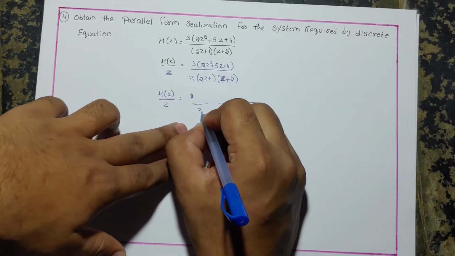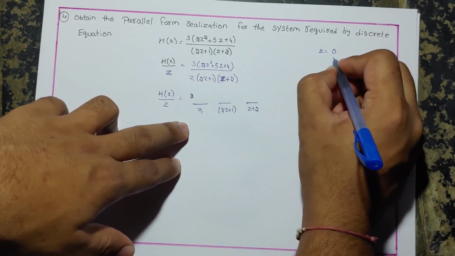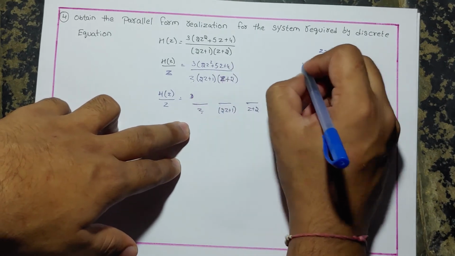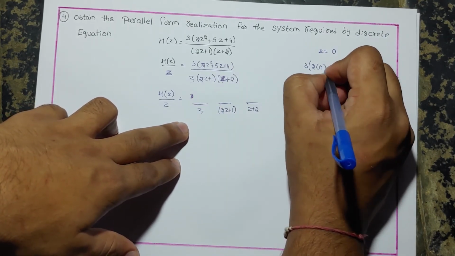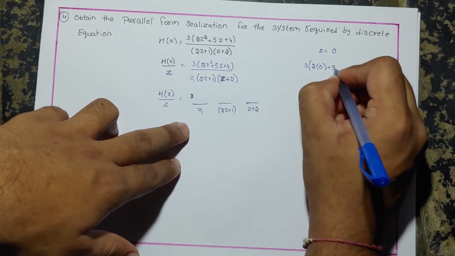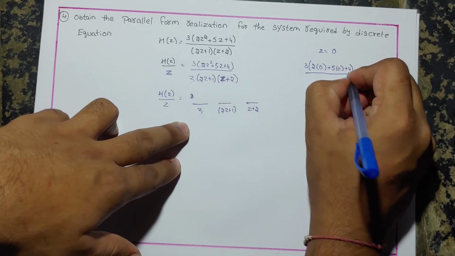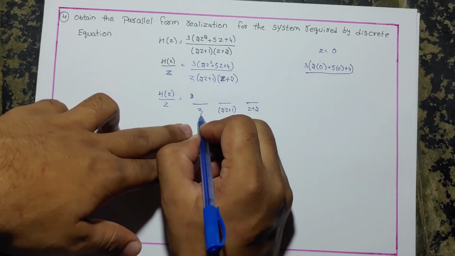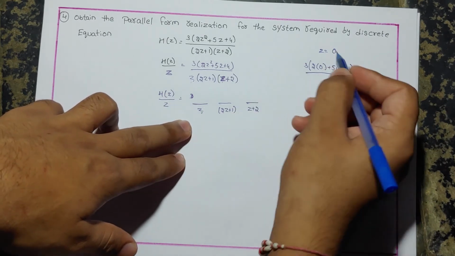That is, let us take z is equal to 0 and apply this z is equal to 0 in this equation. That is 3 times of 2 into z square, which is 0, plus 5 times of z, which is 0, plus 4, divided by, here we have to accept only the element that we have assumed to be 0. In this case z is equal to 0.